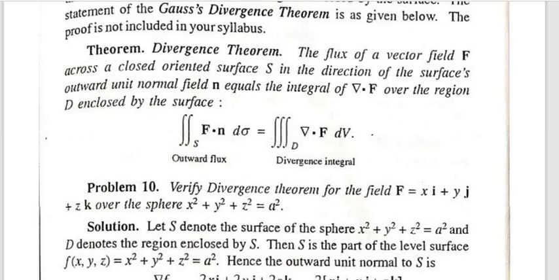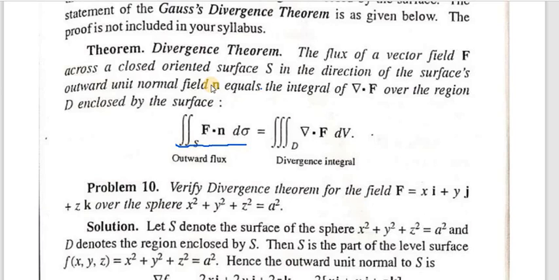We can discuss what it means. The double integral over S of f dot n d sigma is the outward flux. It is the flux of a vector field across a closed surface S in the direction of the surface's outward unit normal field n. We know that the outward flux is f dot n ds.